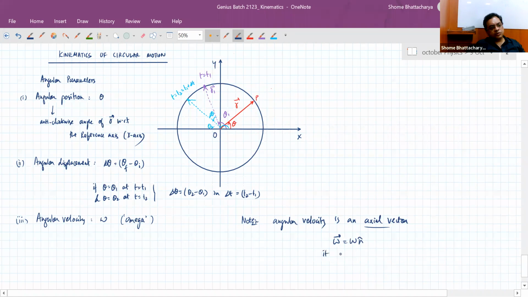So it is along a unit vector which points along the axis of rotation.